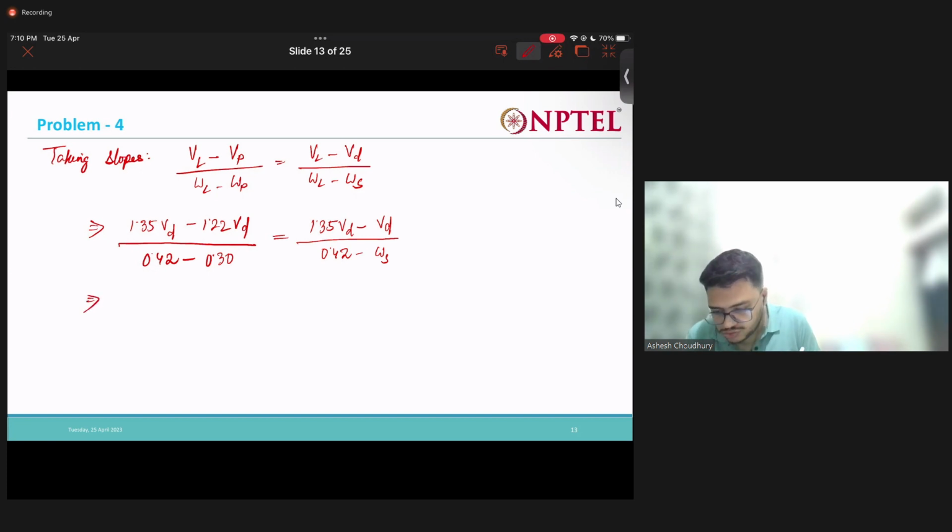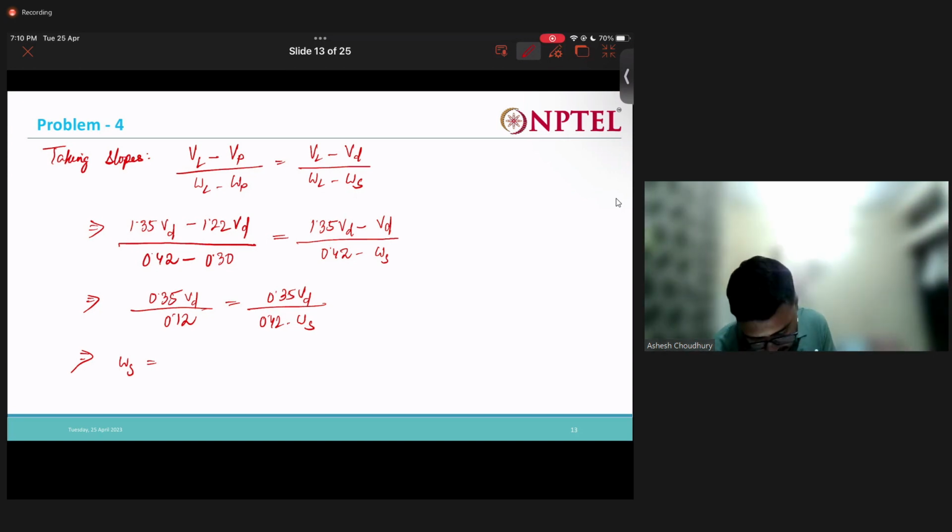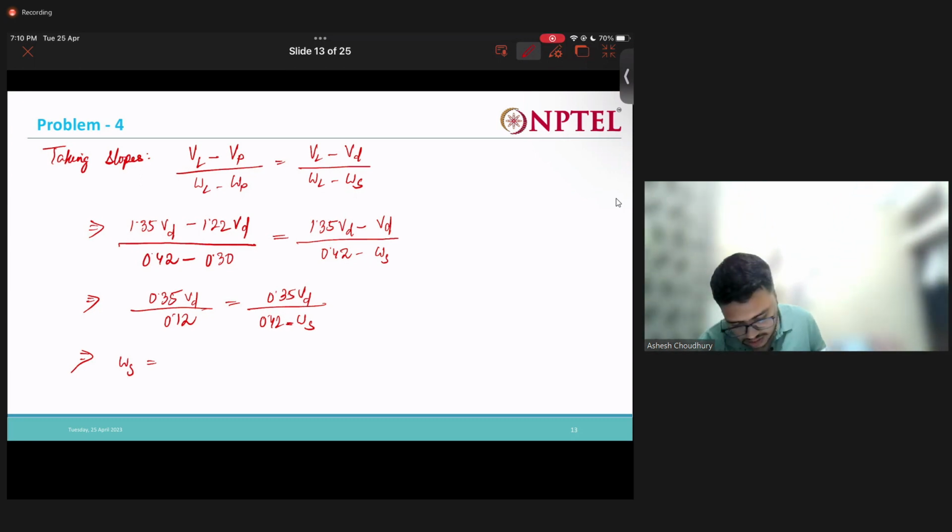Now if we do the arithmetic operations, we get 0.13. So please find out WS. From here this is minus, so 0.35 VD.